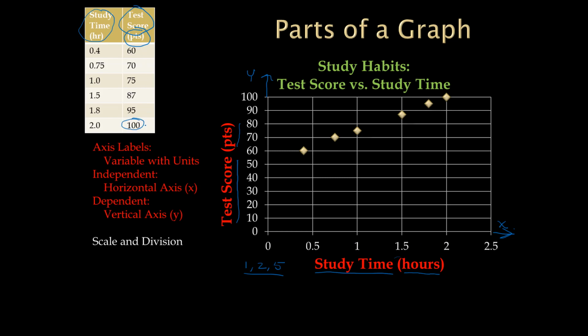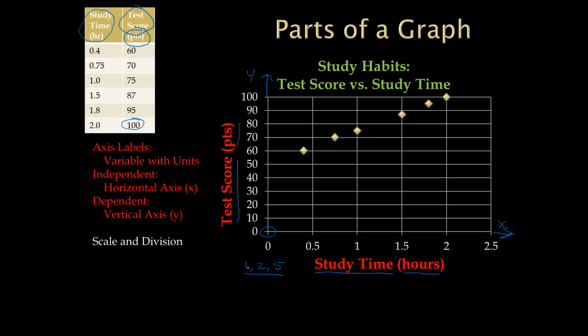The dependent variable goes up to a value of 100, so I want to make sure that I cover up to 100 on this axis as well. So I go from 0 to 100. Most times we're going to want to actually start at the point 0, 0 when we make our graphs. In this one, I've got 10 divisions.